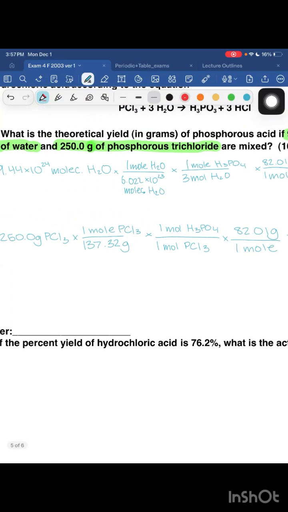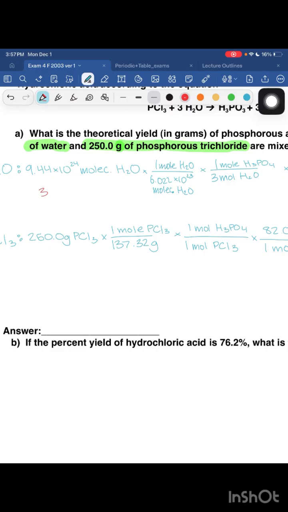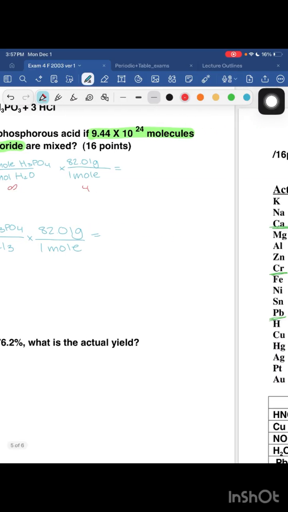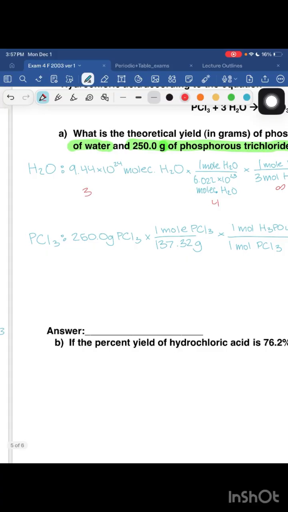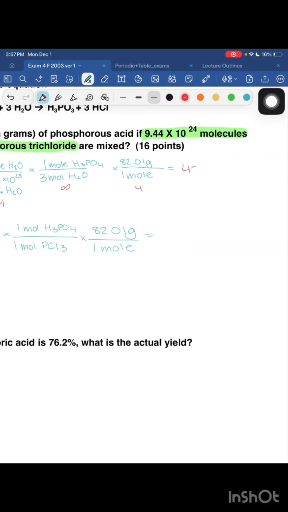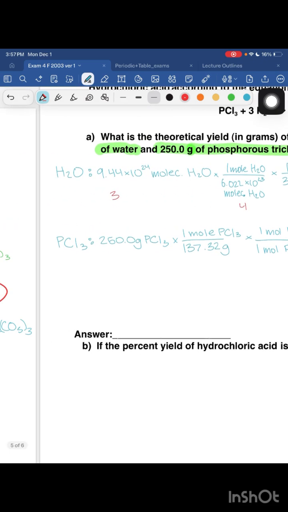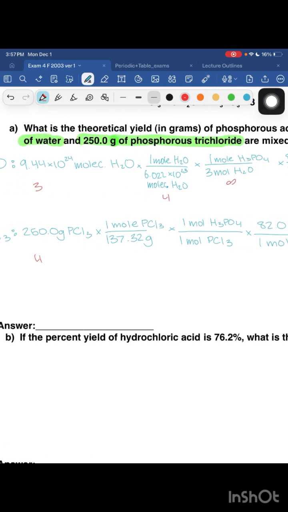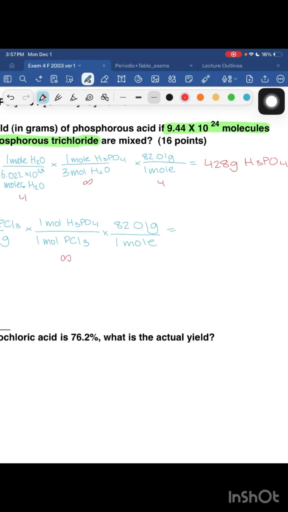So in the first part, I've got 3 sig figs, 4 sig figs, ratios have infinite, and this has 4. So we end up with 3 sig figs to get 428 grams of phosphoric acid. And then the bottom one, we have 4 sig figs here, 5 sig figs there, infinite and 4.